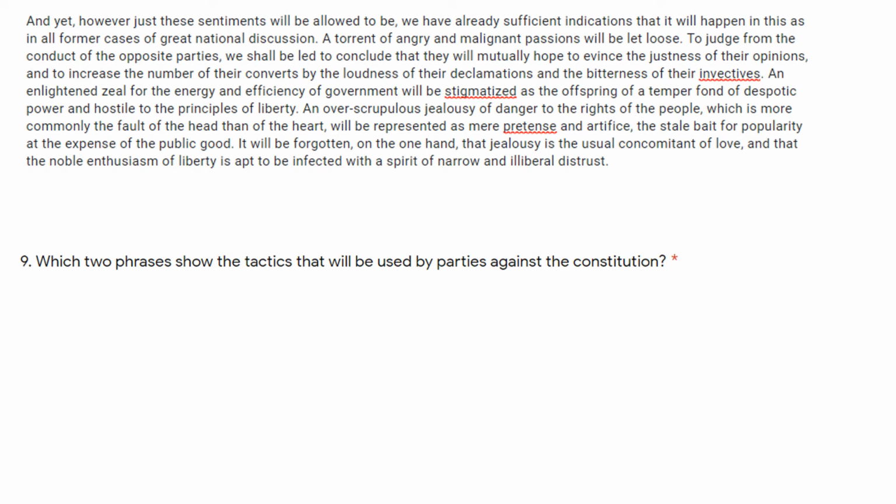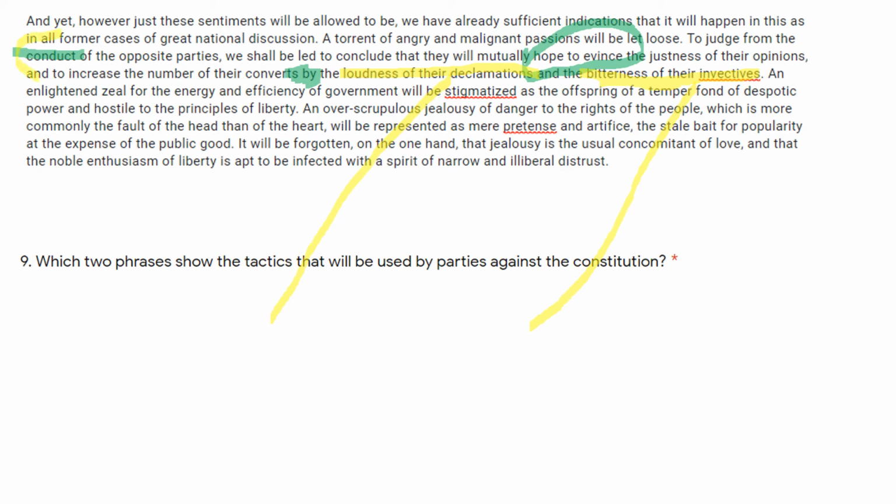To judge from the conduct, the action of the opposite parties, we shall be led to conclude that they will mutually hope to evince the justness of their opinions. They will hope to do this by the loudness of their declamations and the bitterness of their invectives. So the correct answer would be the loudness of their declamations and the bitterness of their invectives.